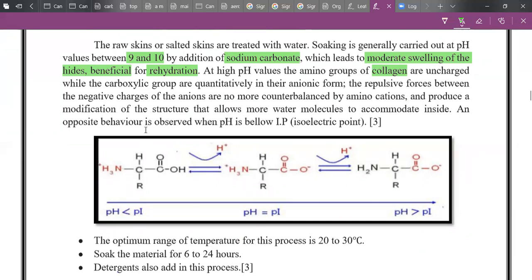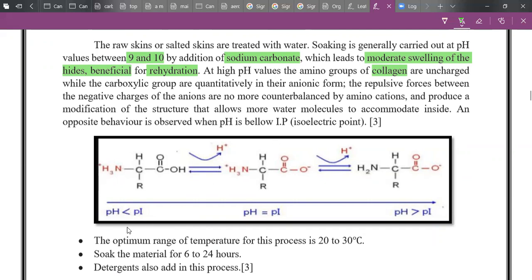So this is an equation in which this is a collagen protein, this is an amino group and this is a carboxylic group. In the amino group, when the pH is less than pI, pI and IP are both the same. They have no difference between them.